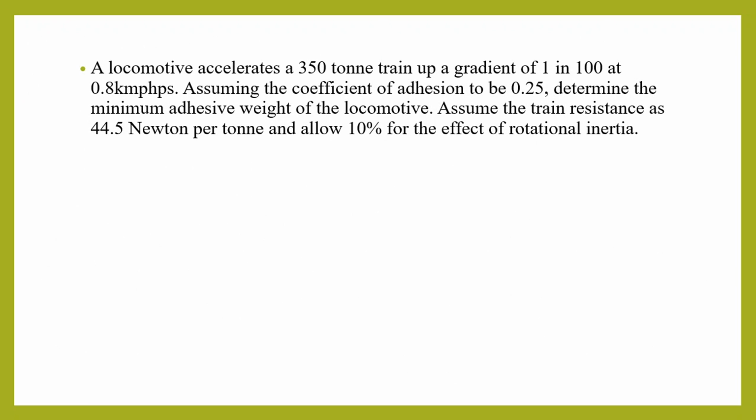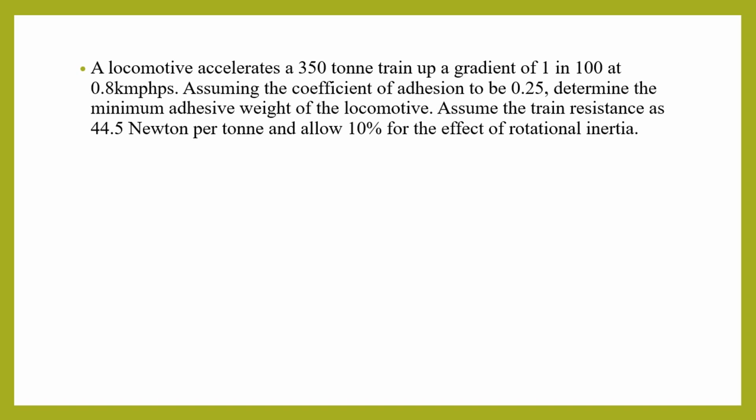Let us see the numericals on adhesive weight and coefficient of adhesion. First problem: a locomotive accelerates a 350-ton train up a gradient of 1 in 100 at 0.8 km per hour per second.